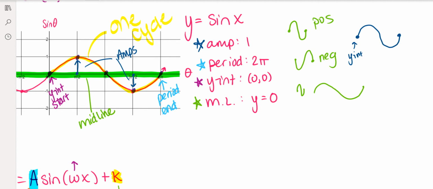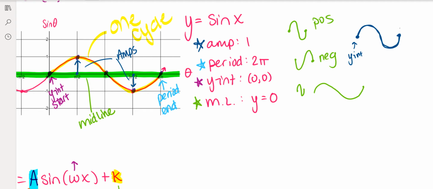But because the angle increases as we move around our circle and our angle is stretched out on the x-axis, we don't see this technically as a circle, but it's still the movement around a circle. So up and around the circle, down and back around the circle, that's one cycle.